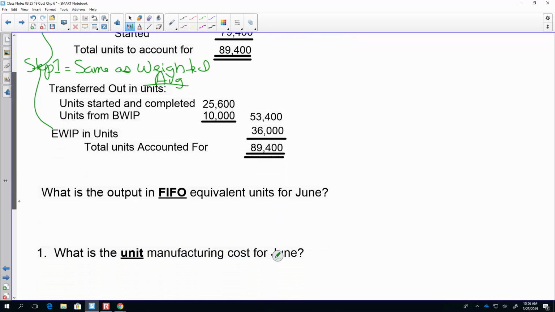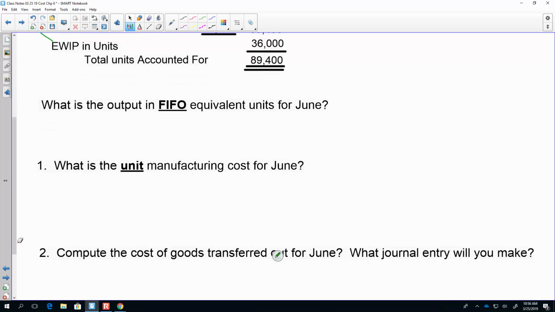Where the change occurs then is here in step 2, coming up with our equivalent units.